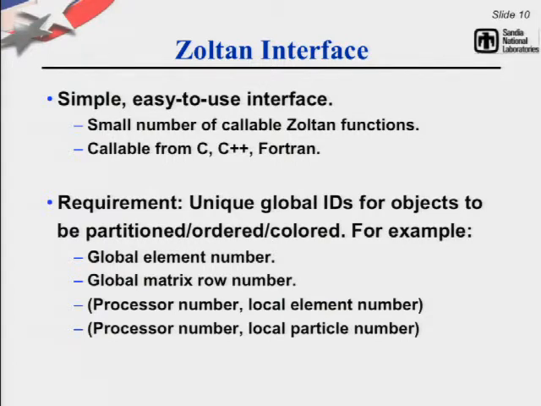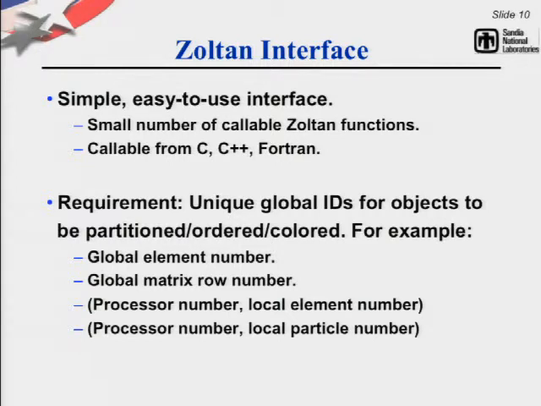So this could be elements within a finite element computation. It could be rows of a matrix. It could be particles in your physics problem. It could be lots of different things. And the most important thing is that you need to have a unique global way to distinguish this. Typically, these are just integers corresponding to rows or elements, but they could be other things as well.